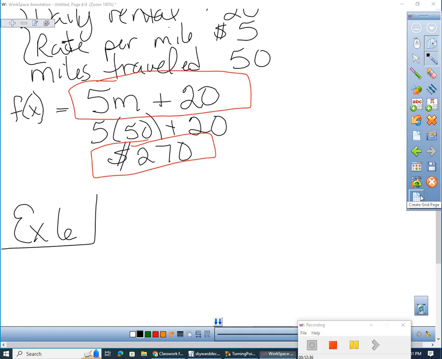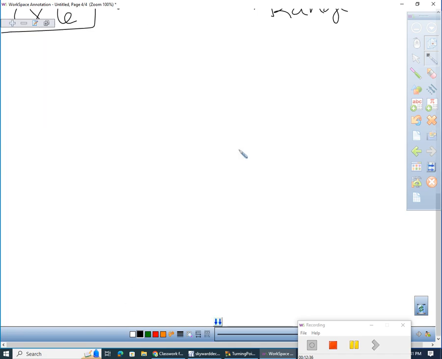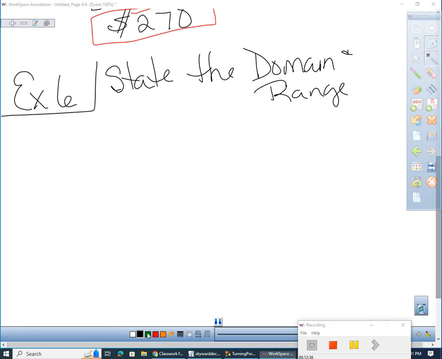All right. On example 6, we're going to state the domain and range. Now remember that, oh goodness, domain is our x value, right? So domain is x, range is y.